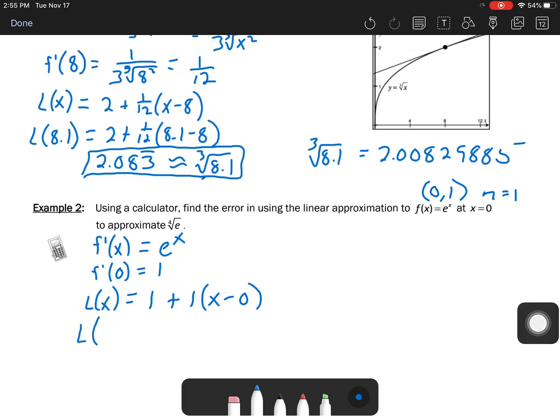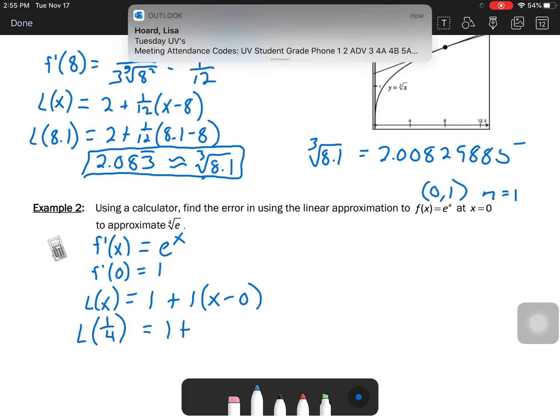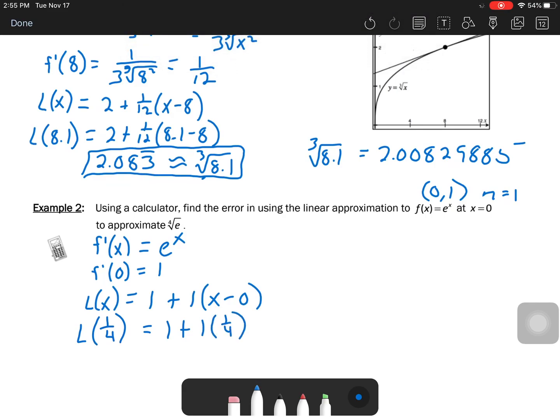So if we do L of 1/4 like that, 1 plus, and then it would be 1 times 1/4. We can see that this is just going to turn out to be 1 plus 0.25, and so 1.25 is our linear approximation of that, right?